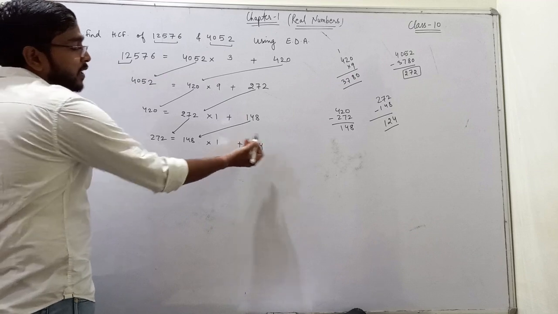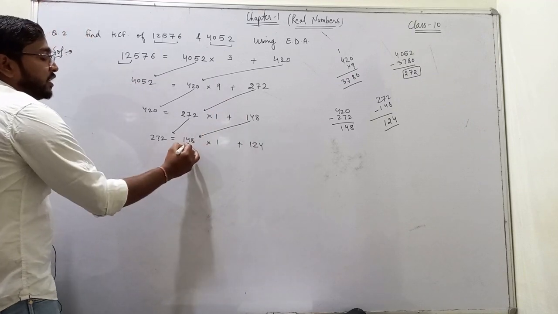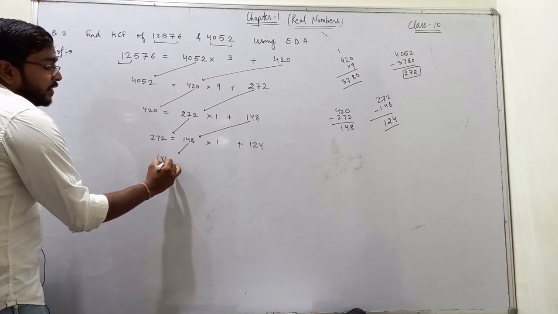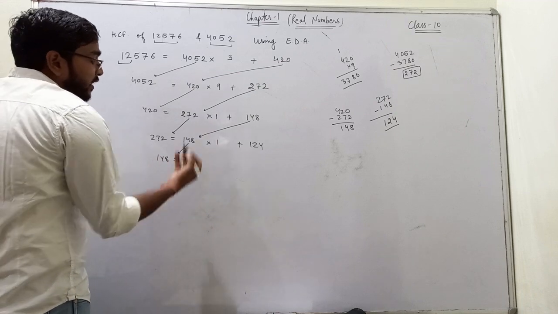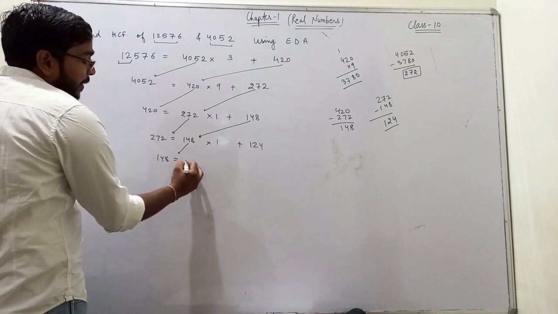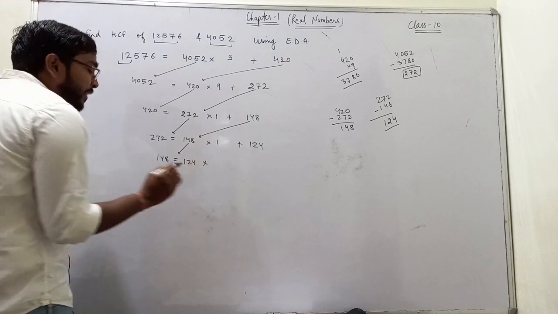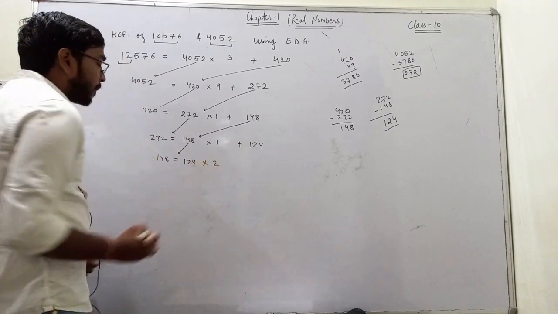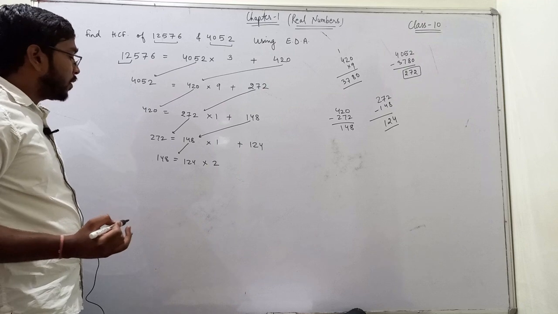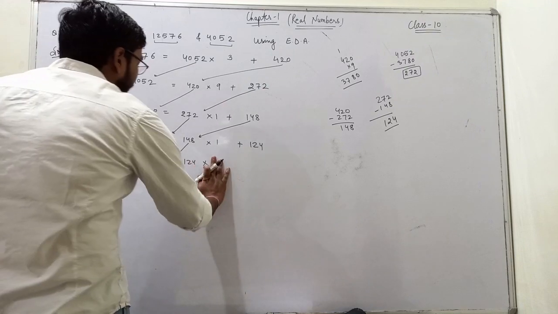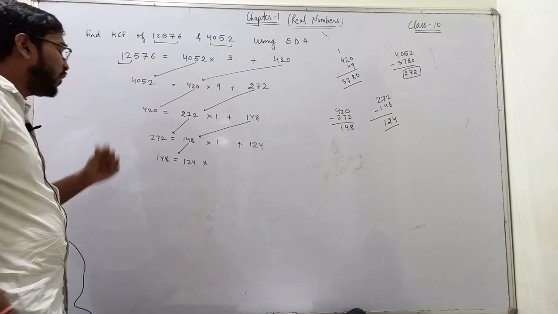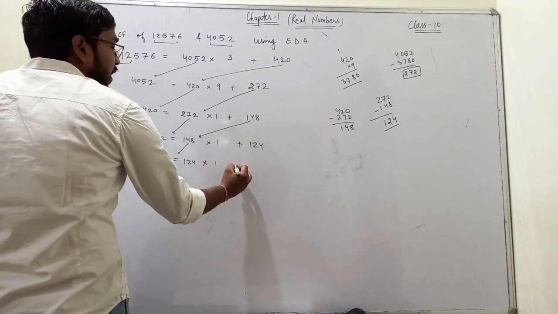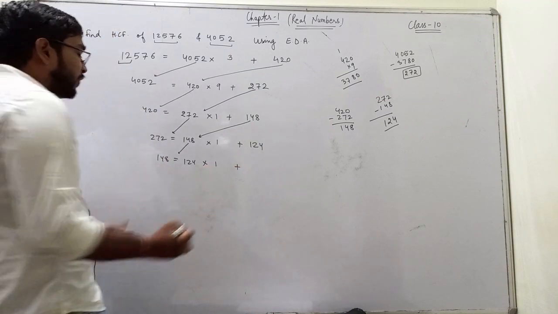Again same thing, the remainder is non-zero. So the dividend will be replaced by the divisor, that is 148, and the divisor will be replaced by the remainder, that is 124. Now 124 will divide 148 one time, and the remainder will be 24.